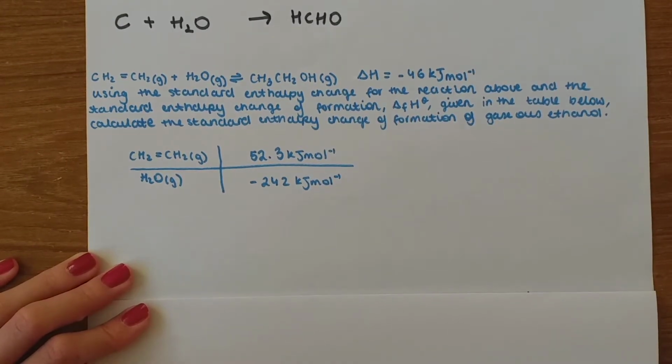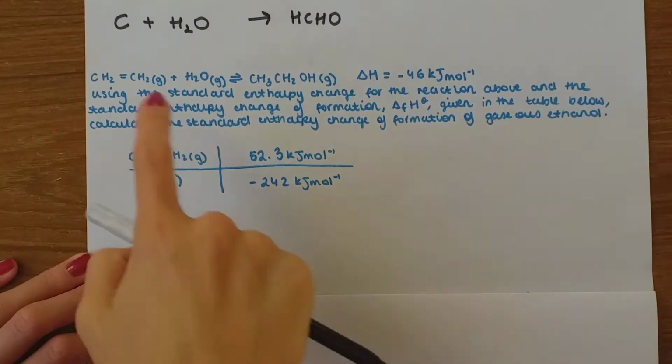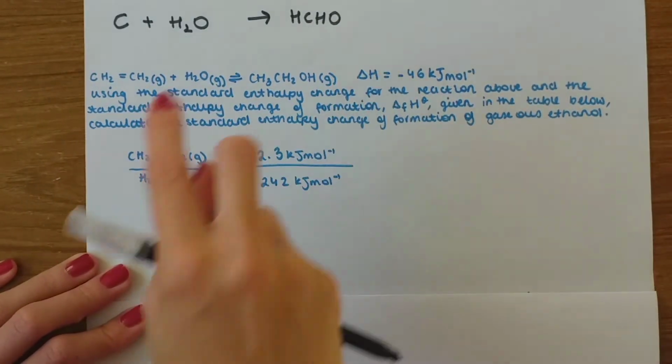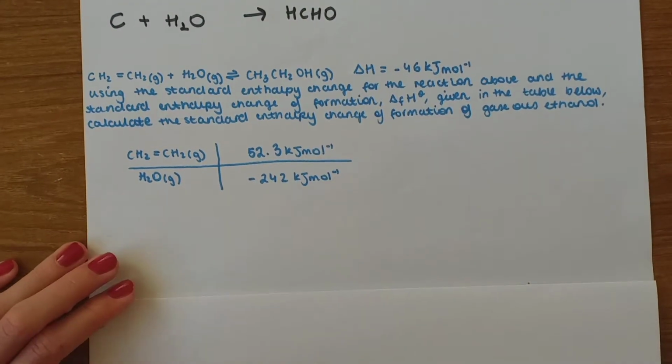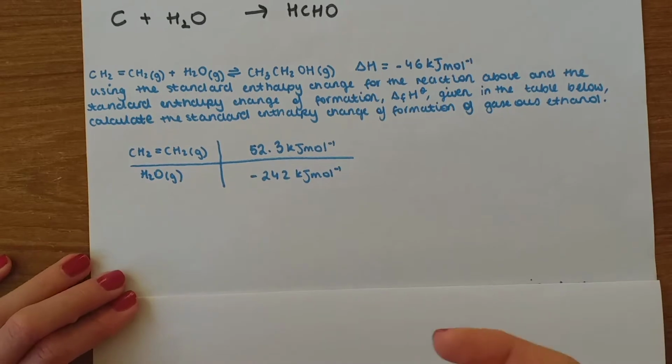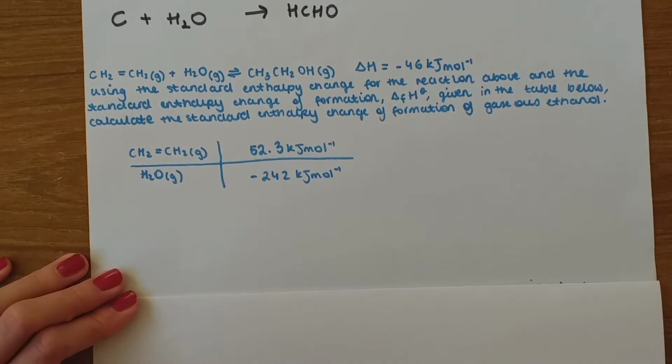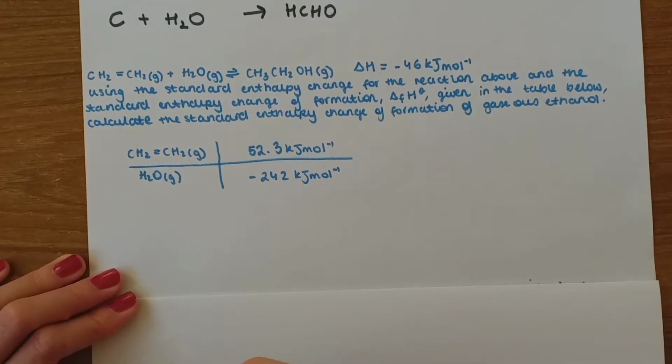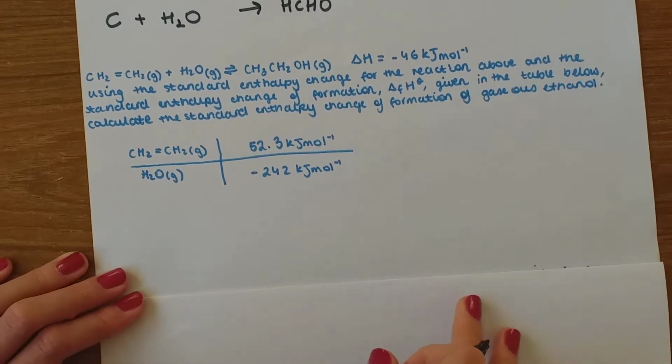Okay, so here we go, another question. We've got the equations shown there, and then the question says, using the standard enthalpy change for the reaction above and the standard enthalpy change of formation given in the table below, calculate the standard enthalpy change of formation of gaseous ethanol.